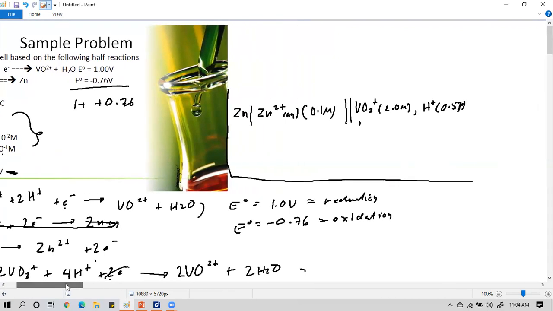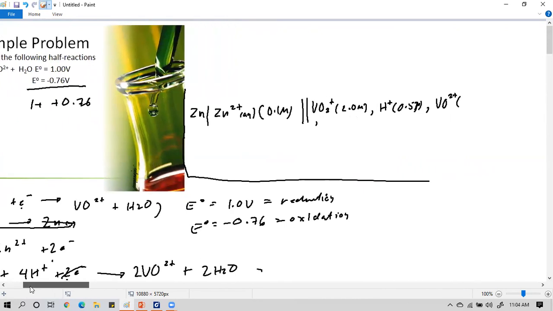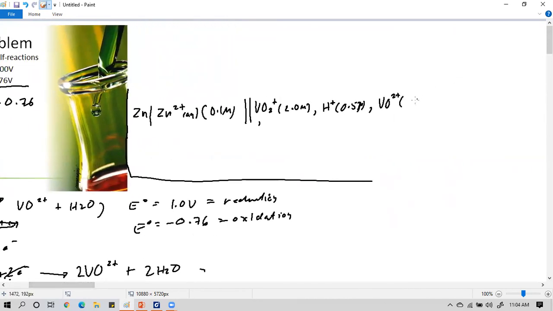Then for the VO2 positive, which has a concentration of 1.0 times 10 raised to negative 2 molar. So, junction, let's say we use a platinum electrode for this. So, that's how you describe the cell notation for this reaction.